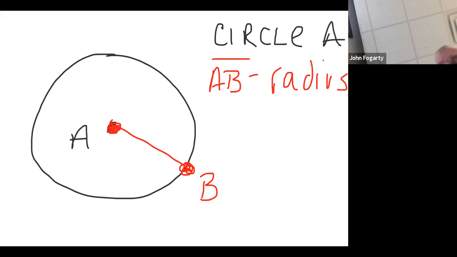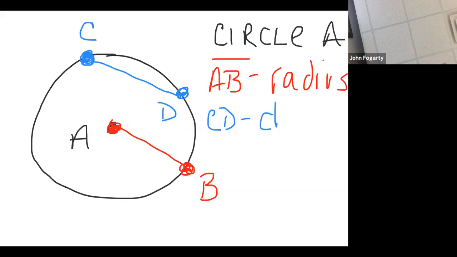All right, now let's look at another type of line segment we talked about. I'm going to call this CD, right? And that's a chord. CD is a chord because we know that its two endpoints are points on the circle.